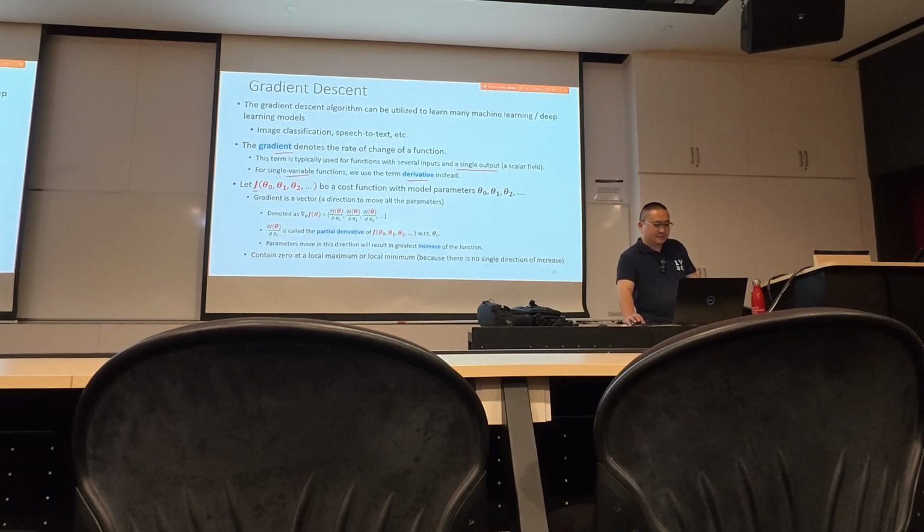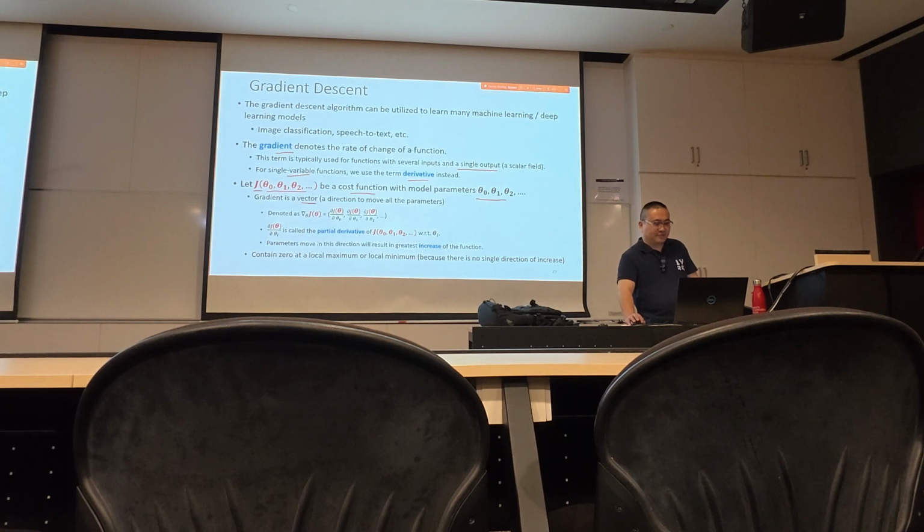We have J(theta 0, theta 1, theta 2). The thetas are the parameters of the model, for example, your image classification model, and J is the cost function. The model parameters are represented by thetas. In this setting, the gradient is just a vector, and the size of the gradient is the same as the size of the parameters.